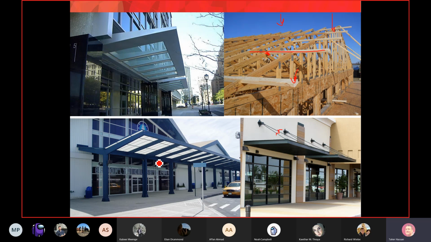Okay. Now I want you to look at the bottom left corner image. What you see is a shed or canopy, and simply we have some columns: a column here, a column over there, and also a column. So a series of columns, and in between the columns we have this longitudinal member, a beam connecting those columns.